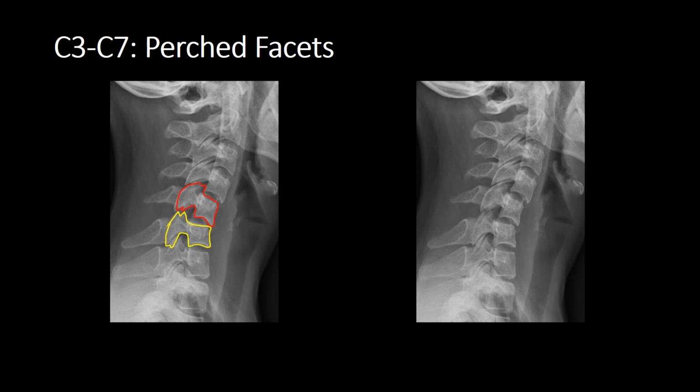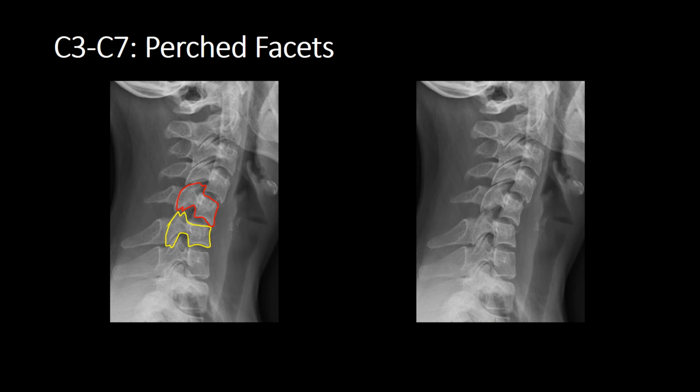So with a unilateral facet joint dislocation, one facet joint dislocates, and with perched facets, both facet joints subluxate anteriorly so that they come to sit immediately on top of the facets below, hence being called perched facets. They sit perched. So it's not a dislocation of both facet joints, which results in jumped facets. It's just a perching.